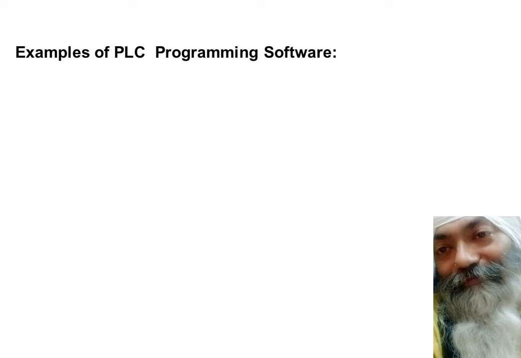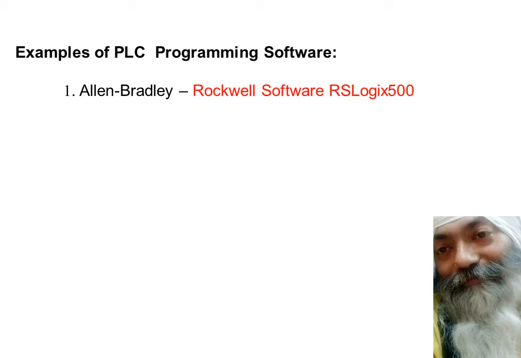Now, having gained this kind of knowledge for troubleshooting, we will now take up examples of PLC programming software. Here we see the software which is perhaps the most commonly used one, which I have also had hands-on experience with, and perhaps we will be doing it practically also: RSLogix 500.